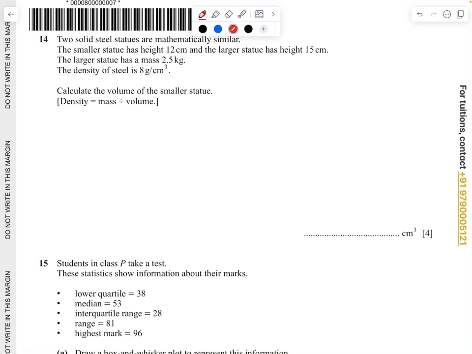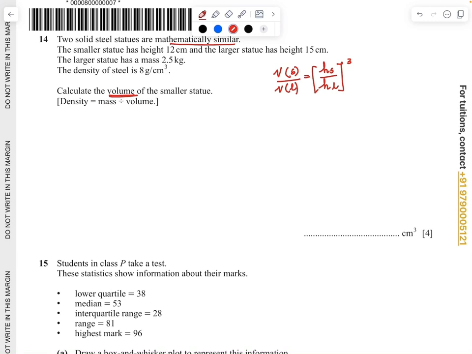So, volume of the smaller statue. Actually the shapes are mathematically similar, which means volume of the smaller statue by volume of the larger statue is equal to height of smaller statue by height of larger statue, the whole cubed.